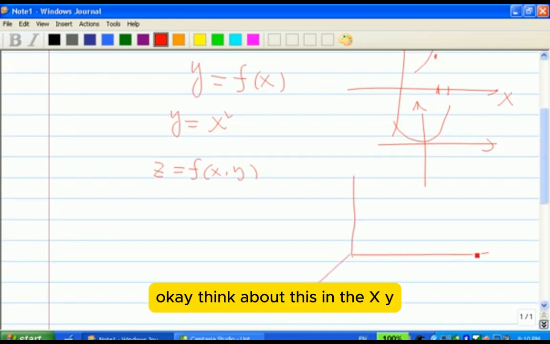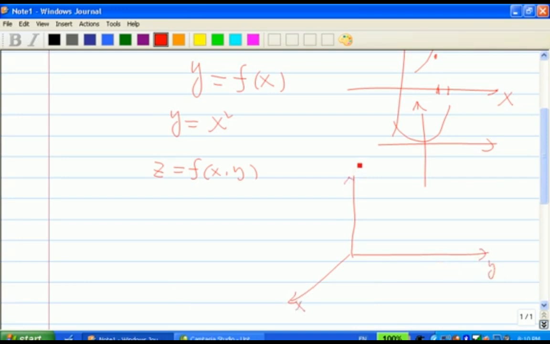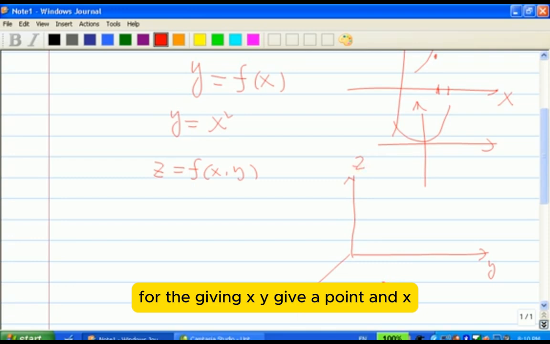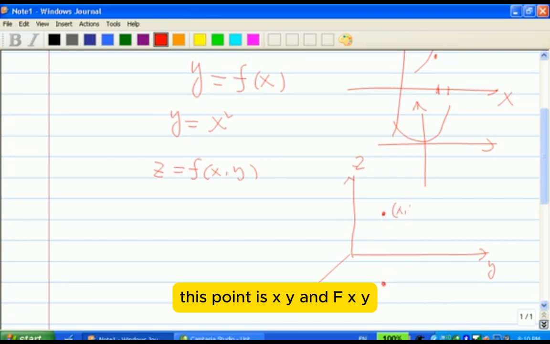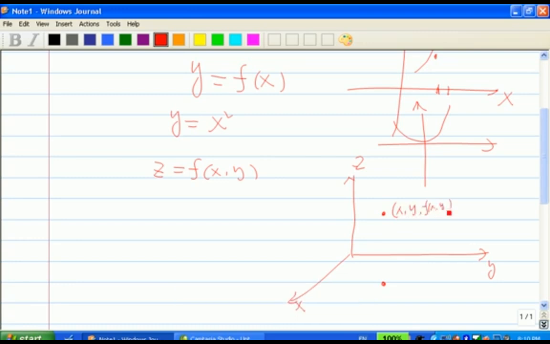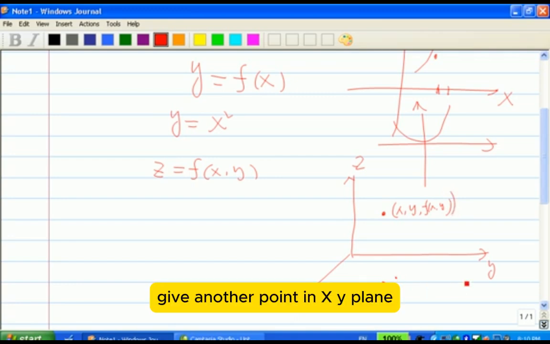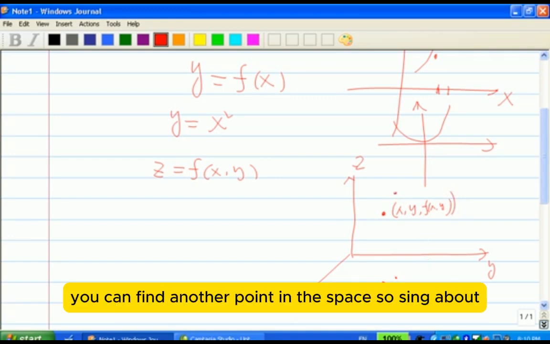In the space x, y, and z, for a given point in the xy plane, you plug in there, you find a point in space. This point is (x, y, f(x, y)). Give another point in the xy plane, you can find another point in the space.